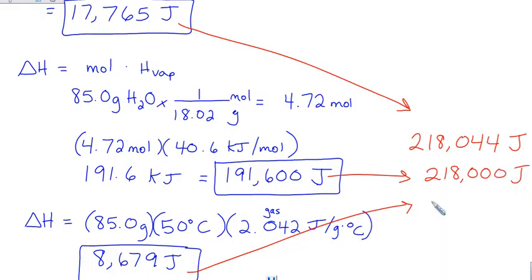Or if you wanted, you could even say 218 kilojoules total. Got it. And again, I'm not going to pick too much on sig figs. Often on a big problem, they might suggest rounding your answer to 3 sig figs, 4 sig figs. 3 might be kind of reasonable here. We've got like 85.0 grams. That would be reasonable.